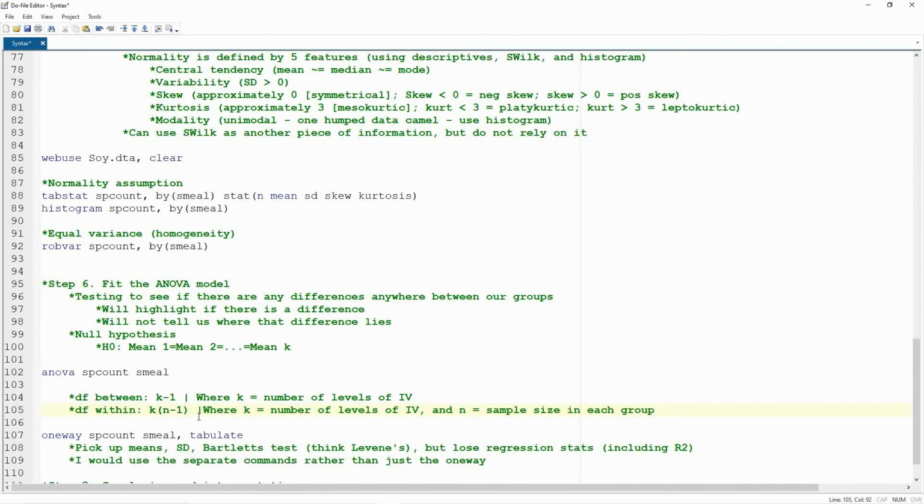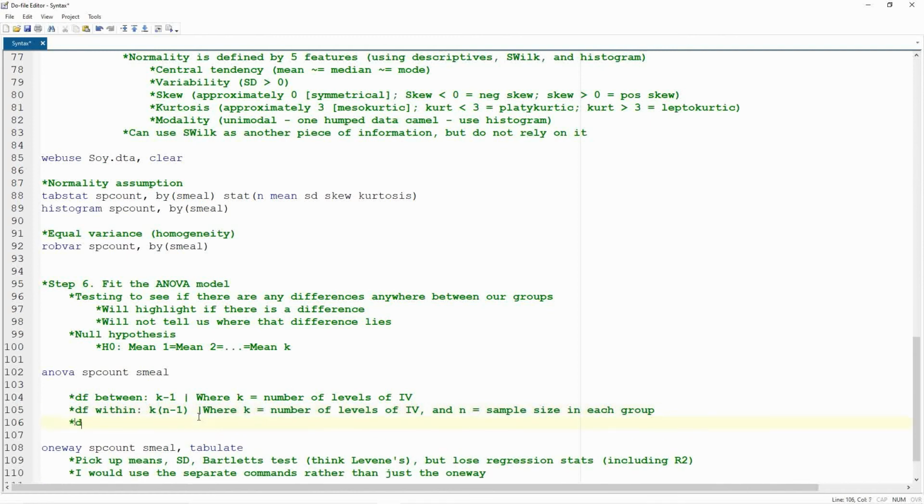And note I'm using little n. However, the total degrees of freedom is big N minus 1, where big N equals total sample size. So little n is the sample size per group, big N is the total sample size of the whole study.